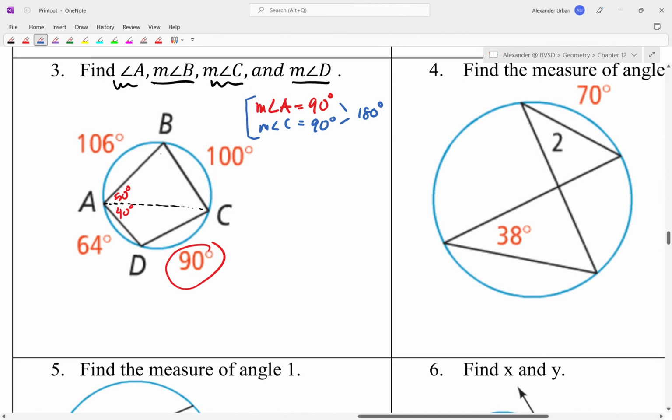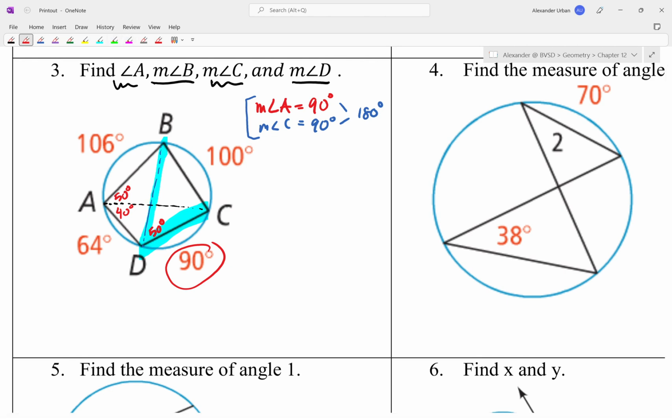Now B and D are a little bit more complicated, but again, let me show you. BDC, this right here, has an arc length, or BC, that arc length is 100. So if that's the case, this must be 50.